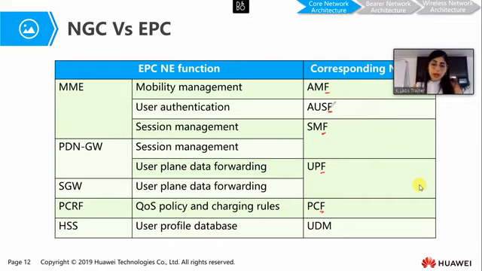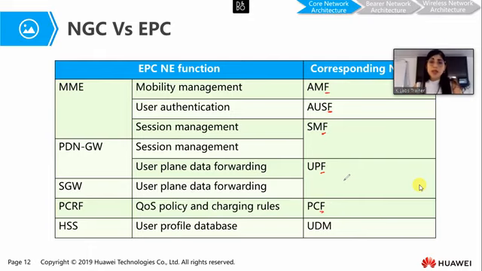AUSF stands for Authentication Server Function. SMF stands for Session Management Function. UPF stands for User Plane Function. And PCF stands for Policy Control Function. So you can see all the nodes of the 5G core network are called functions.